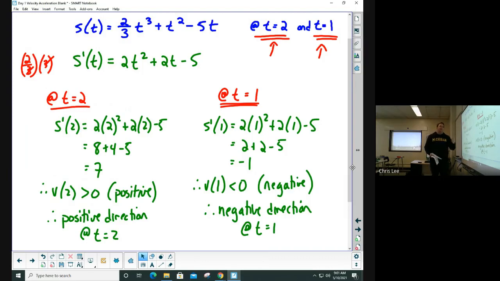Now, moving things left, right, up and down, all that sort of stuff is interesting, but really, I'd be more interested in something like this.